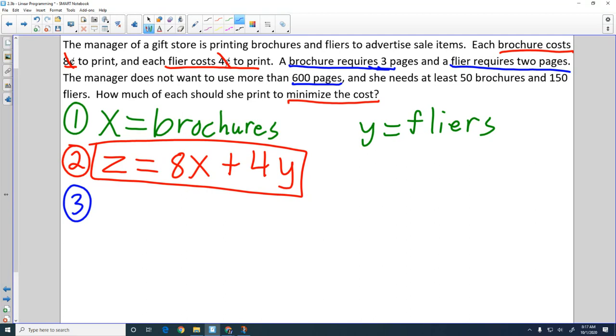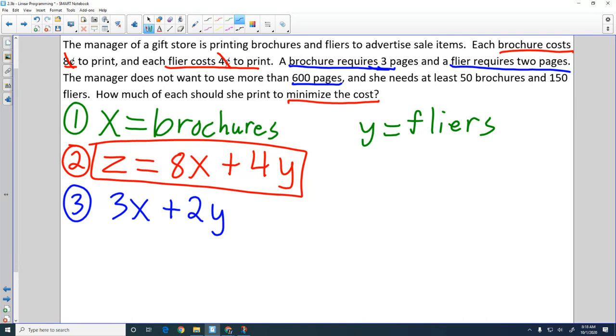The amount of paper that a brochure uses plus the amount of paper that a flyer uses can't be more than 600. So the brochure takes 3 pages. We'd write that as 3x. 3 pages for every brochure. 3 pages for every x. I'm going to add in the flyers. Well, each flyer takes 2 pages. So we'd write that as 2y. It's 2 pages for every flyer that I print. I'd add those together and I'd get the total number of pages that I'm using.